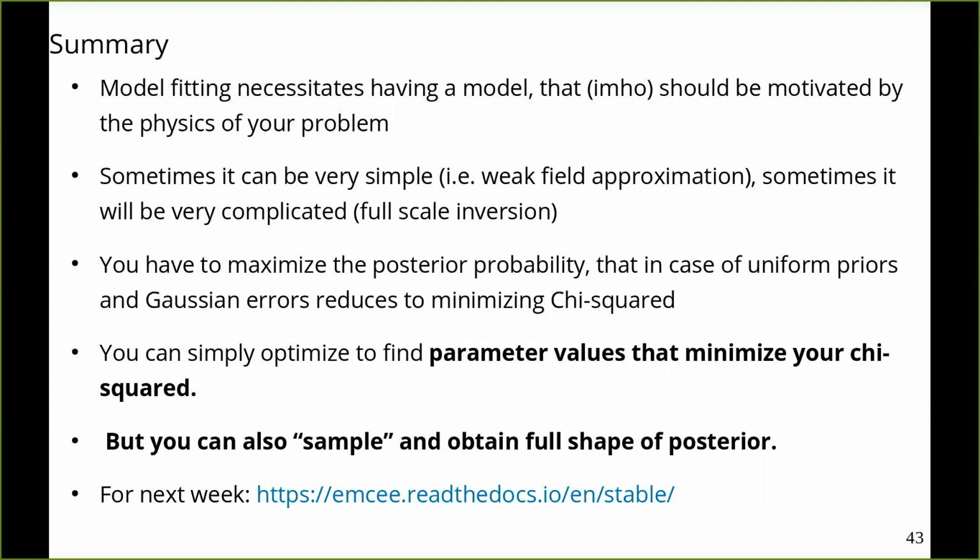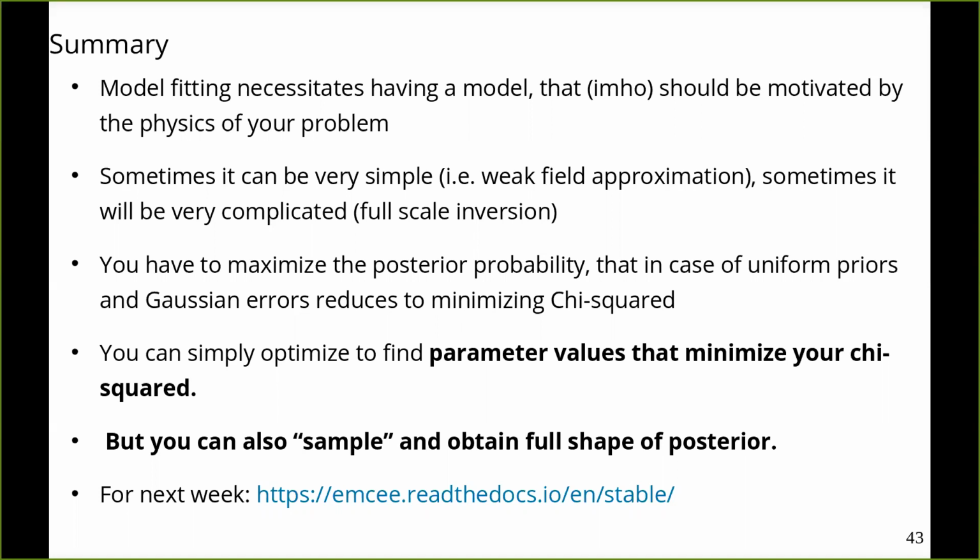And the idea is, the first thing that you want to do is maximize the posterior probability. And in the case when your priors are uniform and your errors are Gaussian, that's going to reduce to minimizing chi-square. So the so-called chi-square or least squares fit, right?